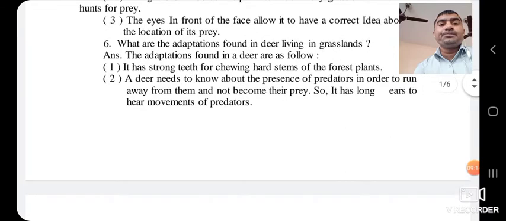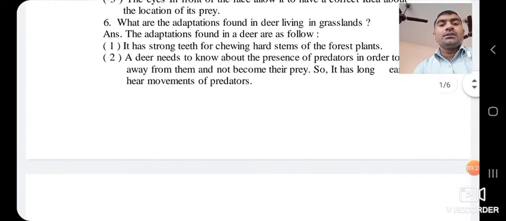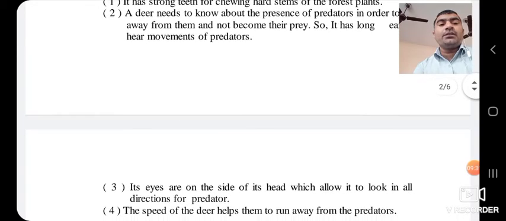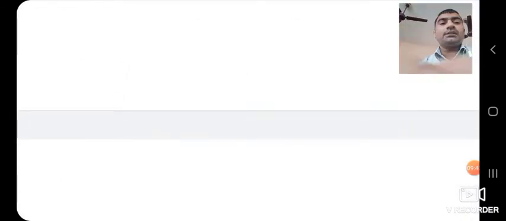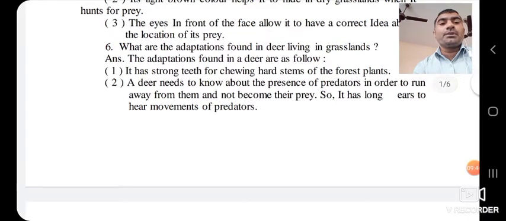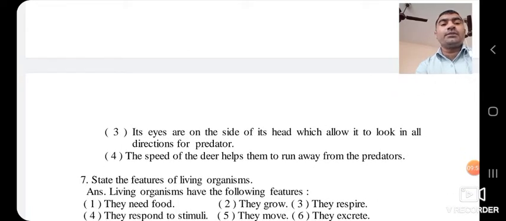It has strong teeth for chewing hard stems of the plants, and its eyes are on the side of its face, which allow it to look in all directions. It has long ears to hear movements of predators. And then the last point, the speed of the deer helps them to run away from the predator.